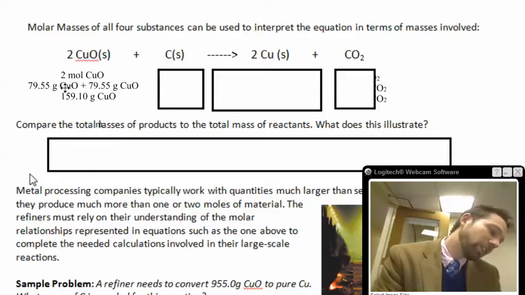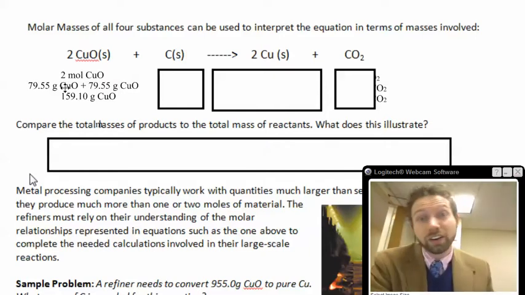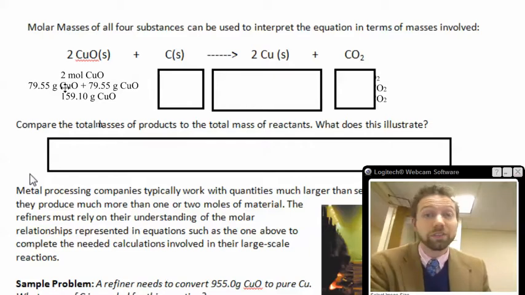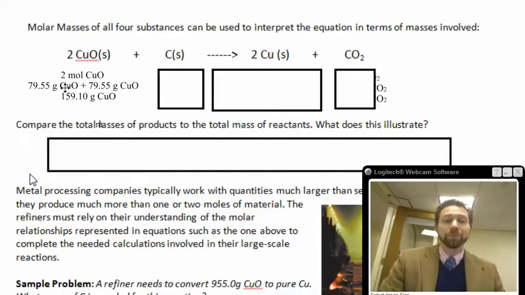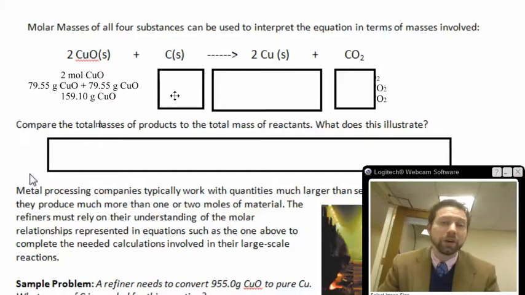Because copper is 63.55 grams and oxygen is 16 grams. 63.55 plus 16 equals 79.55. So we have 2 moles of copper oxide. Therefore, we have 159.1 grams of copper oxide in this particular equation. There are 2 moles.